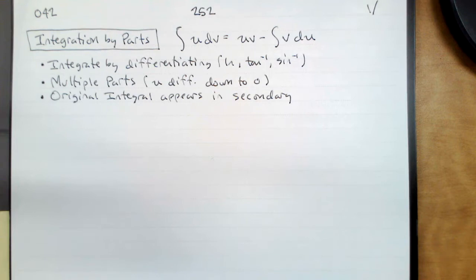So the strategy there is when our original integral appears in our secondary, we move it over. We move all those copies over to the other side. And then we just have to divide by a coefficient at the end.